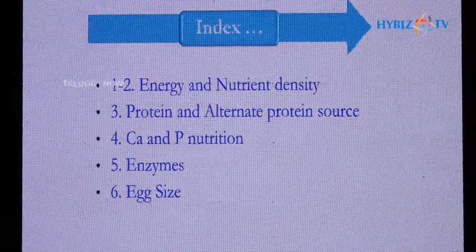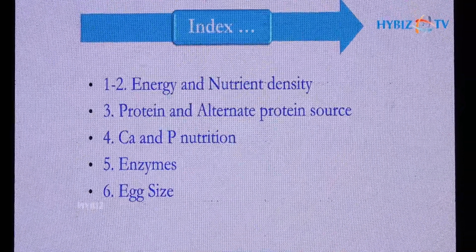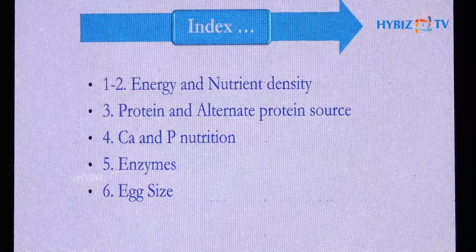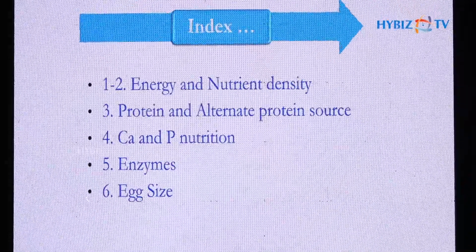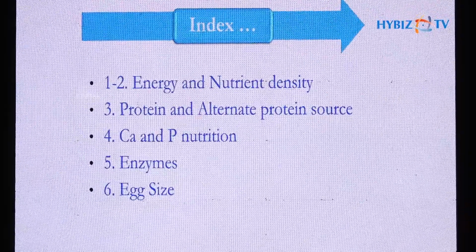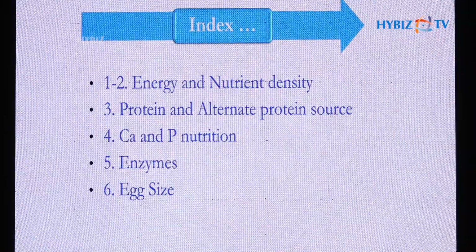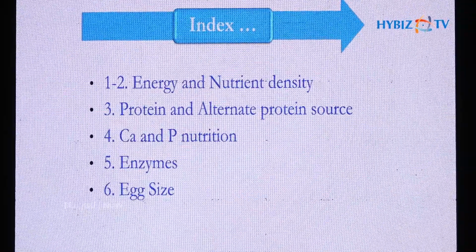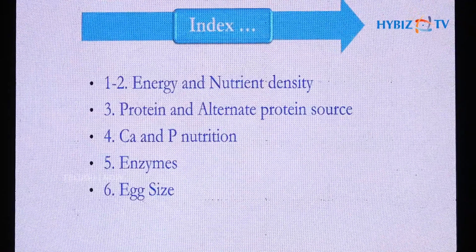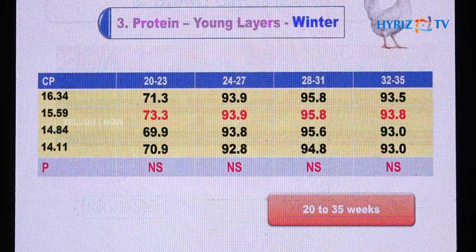And the calcium and phosphorus nutrition, which is also one of the most important areas. And enzymes and exercise, because often in layers, exercise is one aspect: where the pullet eggs are low we lose heavily, and if the exercise is more after post peak production, we lose because of more breakages. So these are the broad areas which I am going to talk about.